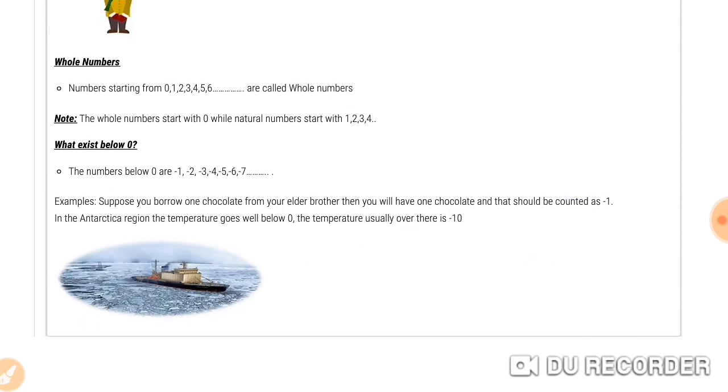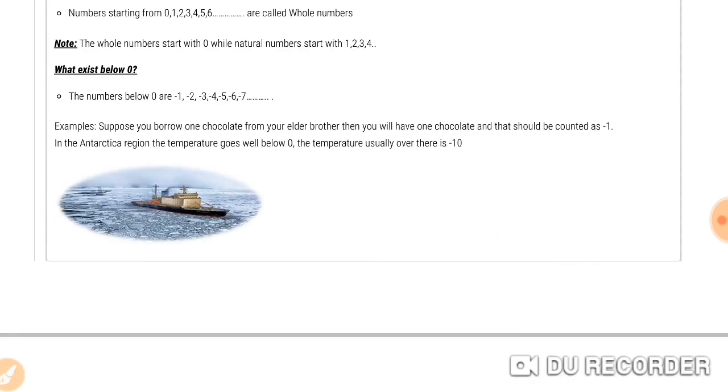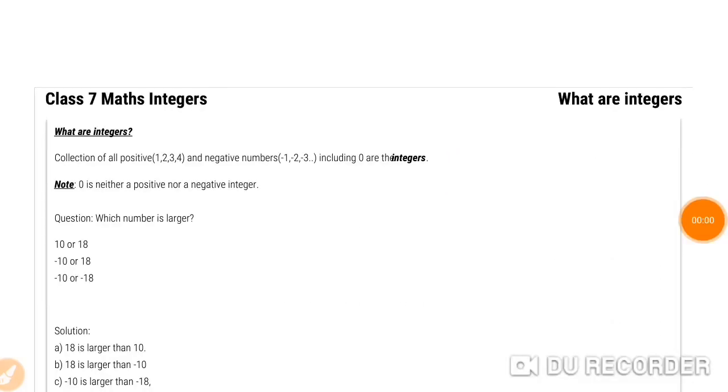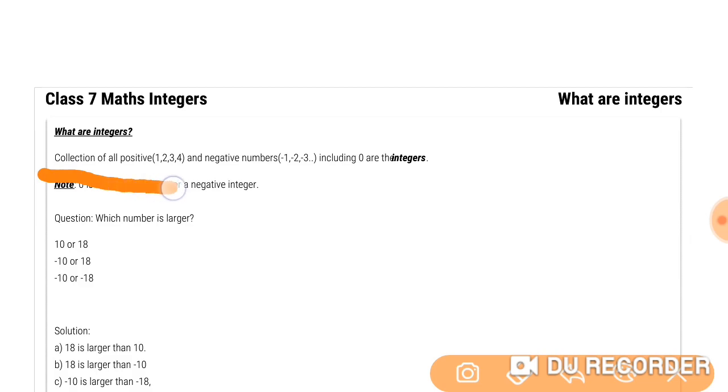And the whole numbers together with the negative numbers are called integers. Then coming to the definition of integers: it is a collection of all positive numbers and negative numbers including 0.